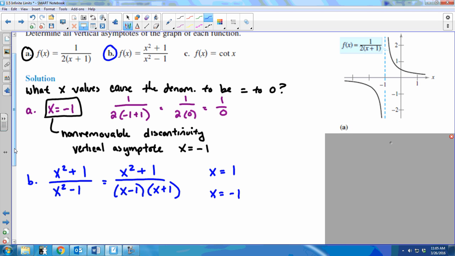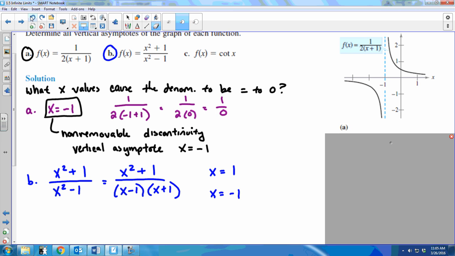If I substitute either of those numbers into the denominator, so if I put 1 here, I have 0 times some quantity, right? 1 times 2. If I put negative 1 here, I have negative 2 times 0, so I get 0.